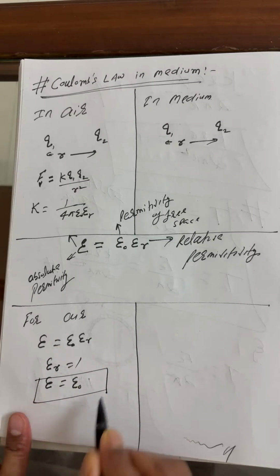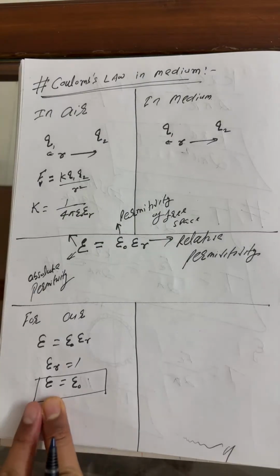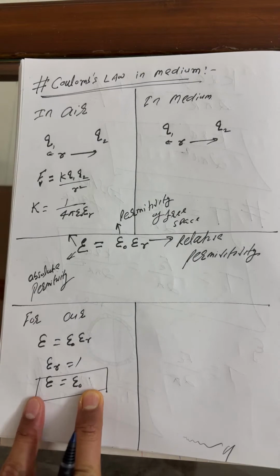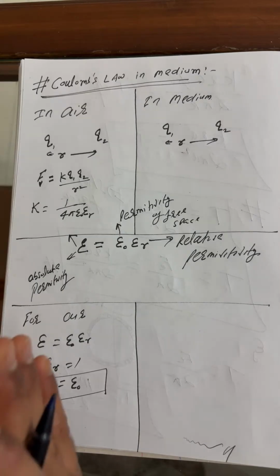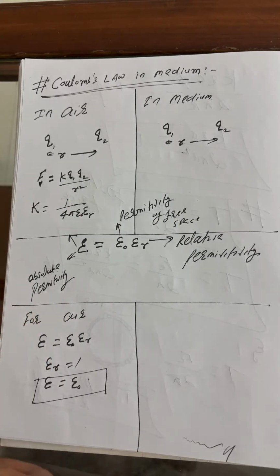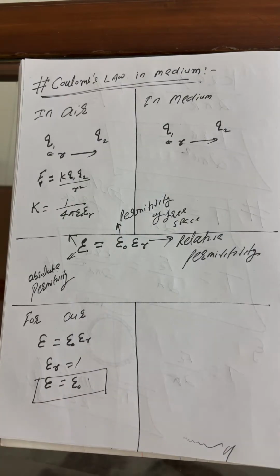Yesterday I taught you Coulomb's law in vector form, and I discussed all numericals of Coulomb's law based only on air or vacuum. So epsilon equals epsilon naught.